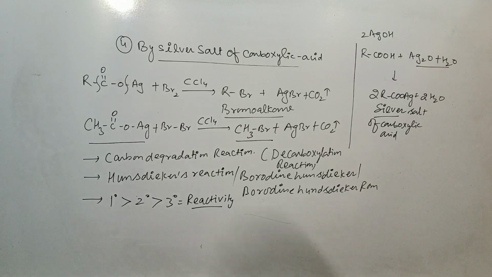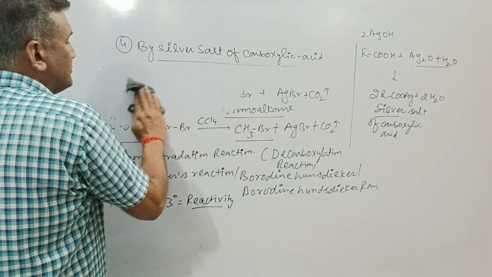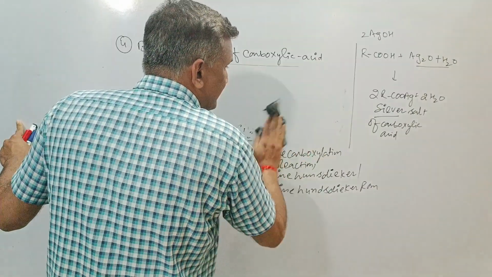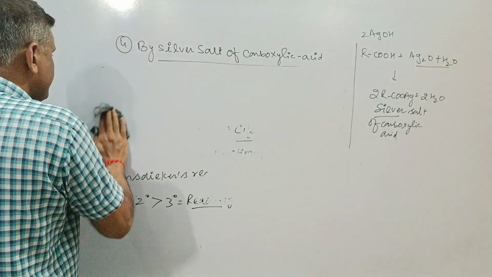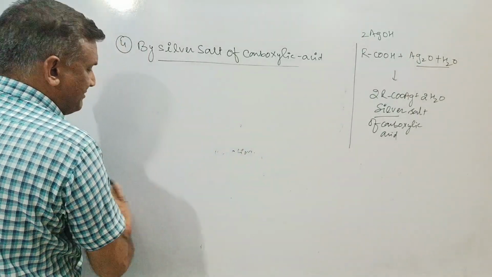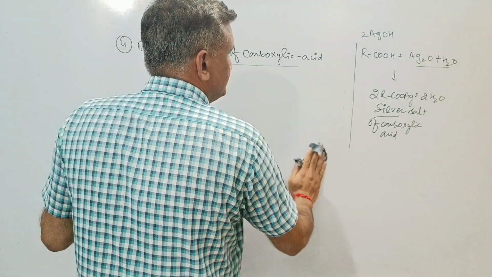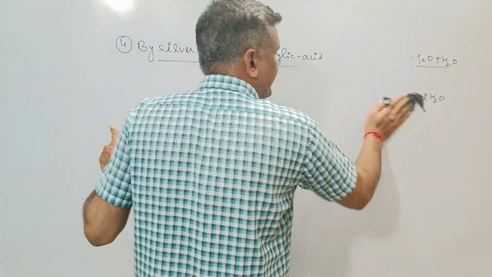Now, along with this reaction, if we want to get a chloro derivative, then the yield of the chloro derivative will be very low through this reaction. So I am going to mention here that the yield will be around 30 to 35%. That is very low.